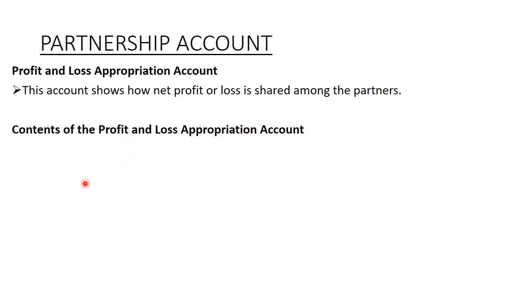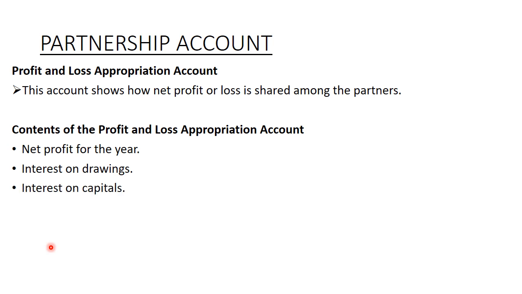Then what does it contain? The profit and loss appropriation account contains the net profit for the year. It also has interest on drawings. If there were any drawings, the interest that was charged is contained in the profit and loss appropriation account.